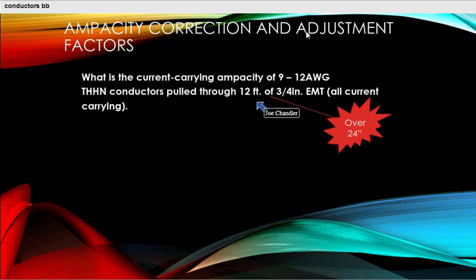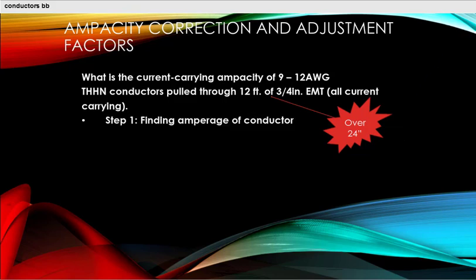So make sure that you're aware of that. That's not just useless information. Now, if this would have said 12 inches, then, show's over. We don't have to worry about it. It's just the 9 of them, 19 of them, it makes no difference. But whenever it's 12 foot, that's over 24 inches, so we have to apply the demand.